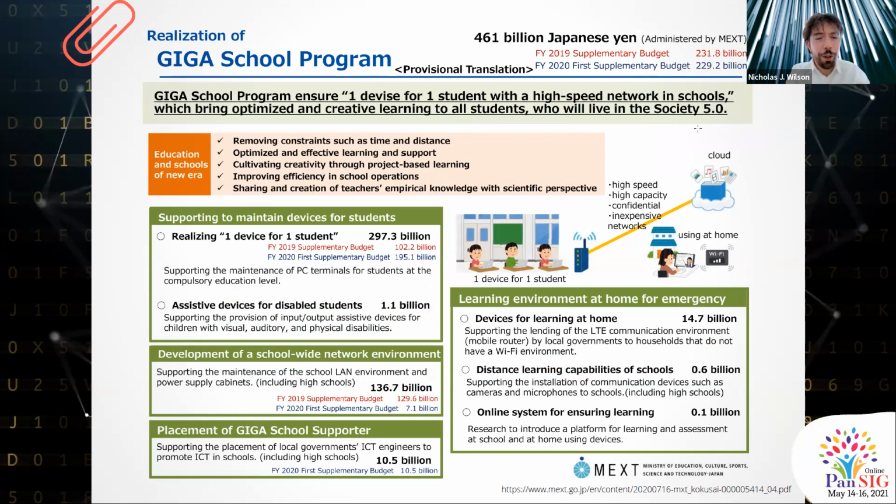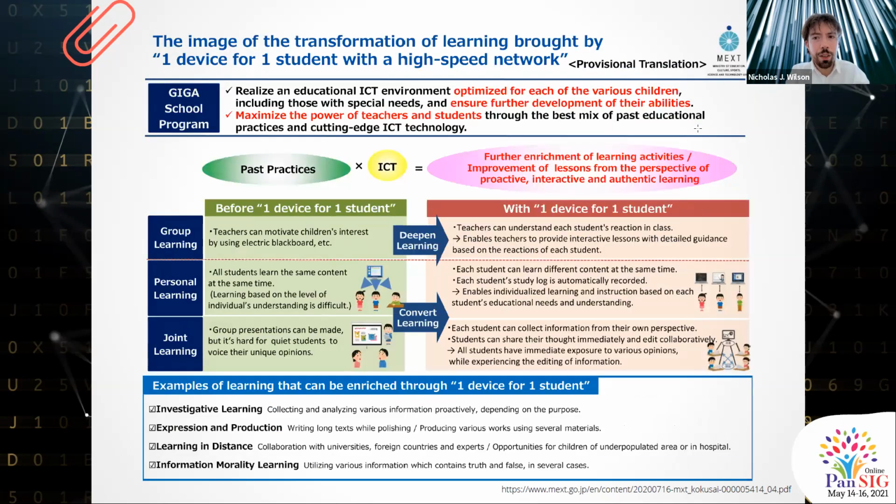And in order to do so, MEXT has been giving schools, it's already started depending on where you live and where you teach, but basically every student has a digital device. This can be an iPad, it can be a laptop, a Microsoft Surface, I think that's the most used one, or a Google Chromebook.